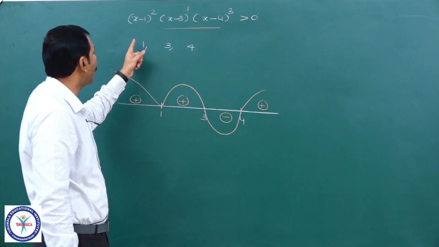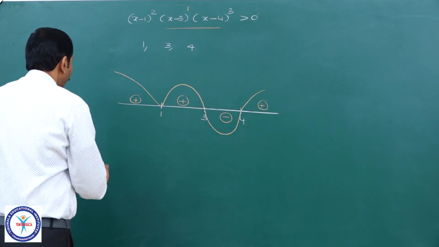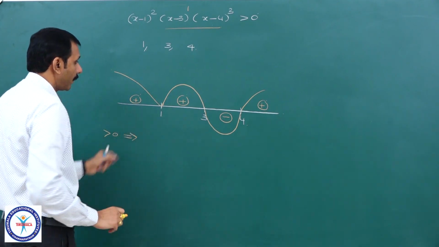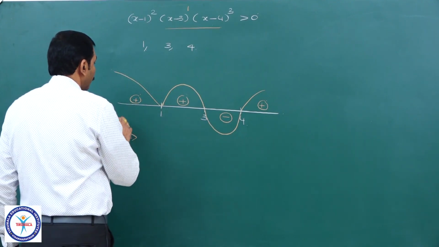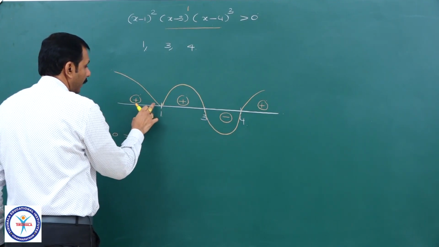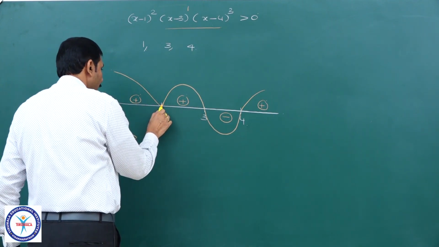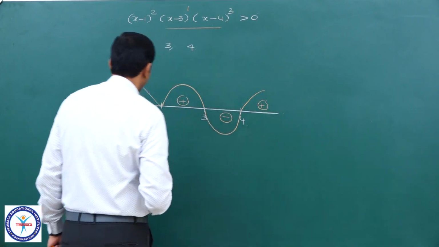Now I want values of x where it is greater than 0, you observe. If I want greater than 0, you collect the intervals from this diagram. Where it is greater than 0, from here to here it is positive only. But of course, here it is 0, and from here also it is greater than 0.